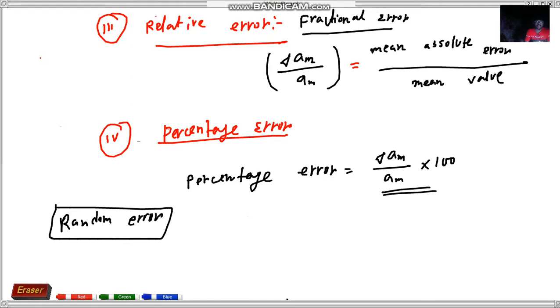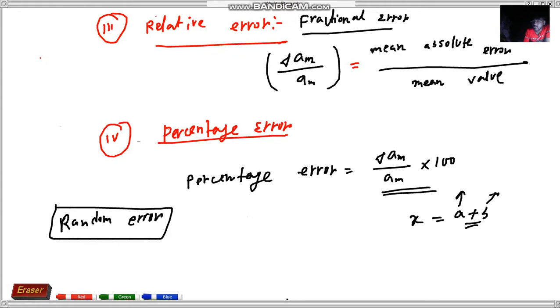Okay, now if we talk about the measurements, then we also have to calculate the combination of error, because sometimes we actually measure two different values. Suppose we are measuring a quantity x, which is the addition of two other quantities a and b. So we have to measure a first and then b, then we add.